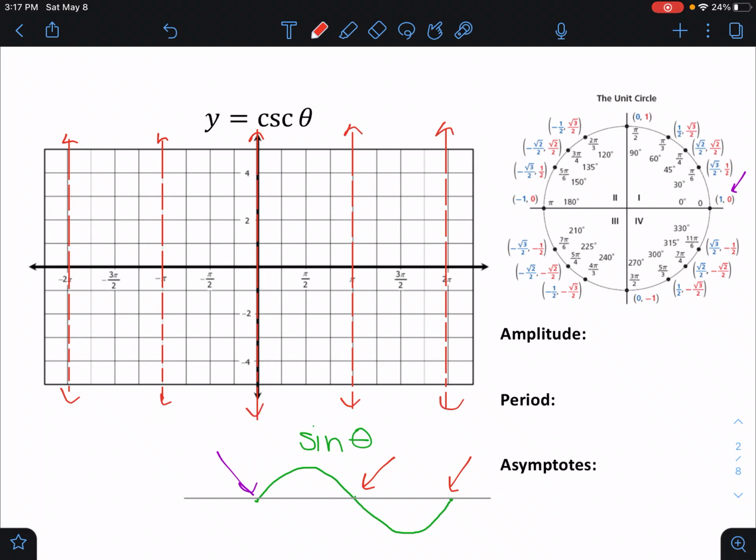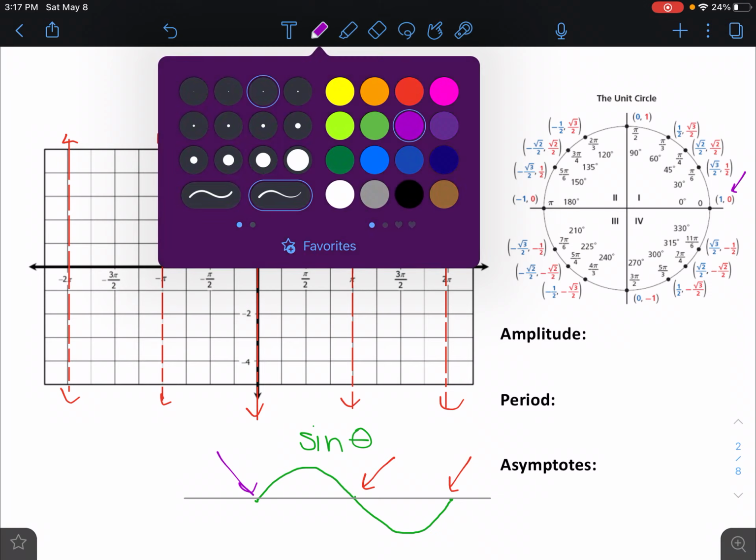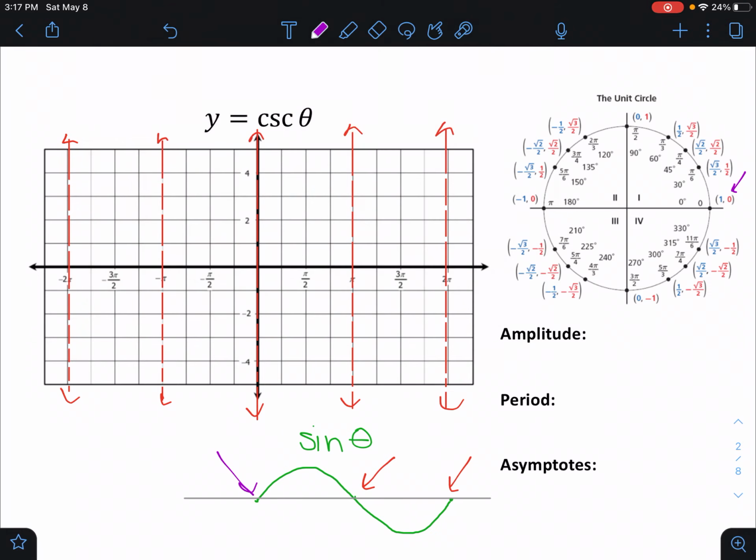Okay, now when I'm at 1 right here for sine, that would be the same for cosecant. The reciprocal of 1 is still 1. So if I do pi over 2, reciprocal of 1, I still get 1.